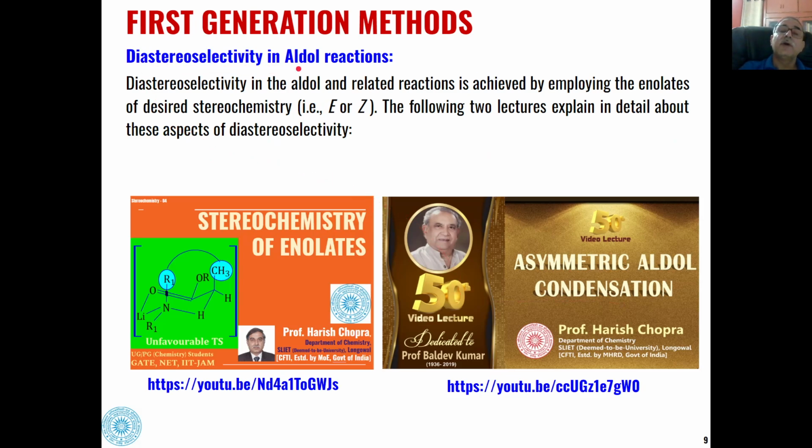Similarly, the diastereoselectivity in aldol reaction is also an example of partial asymmetric synthesis through first generation methods. And for these reactions, all the examples have already been given, that is the stereochemistry of enolate, because in case of aldol reactions, the diastereoselectivity is achieved through the formation of either E-enolate or Z-enolate, depending upon the stability of the E or Z-enolate, that product will be formed in more amount.